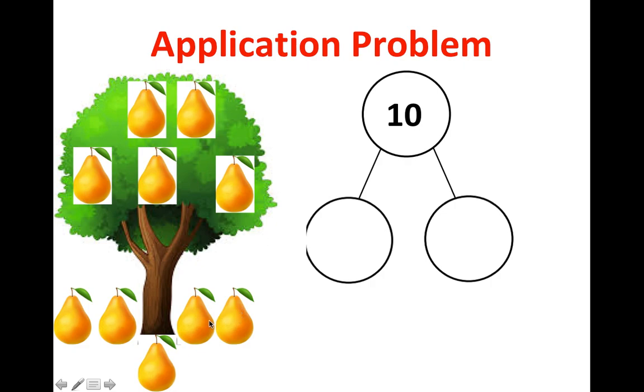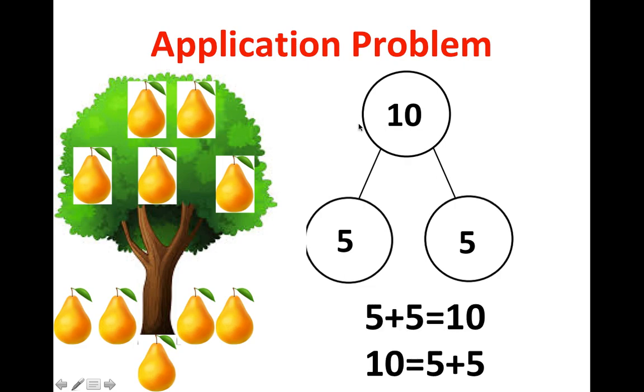I have 1, 2, 3, 4, 5 on the floor, so I'm going to write 5. Now, how many of the pears are on the tree? You can use your fingers and show me. That's correct. You have exactly 5 pears. So I know that 5 and 5 put together makes 10.